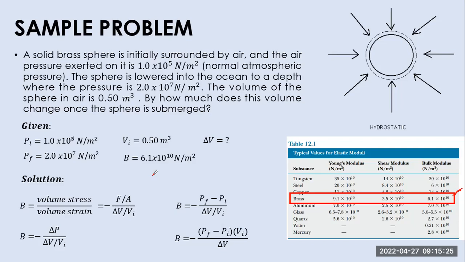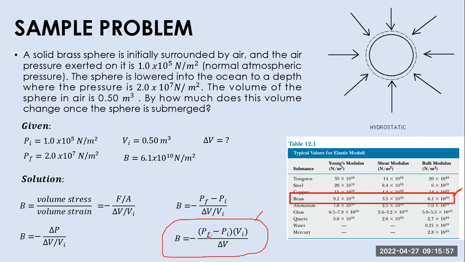Since we have initial and final pressure, our formula can be derived into this formula, summed up here. This is the formula we will consider. Our bulk modulus is negative delta P, or the change in pressure, over the change in volume over the original volume, or our initial volume.